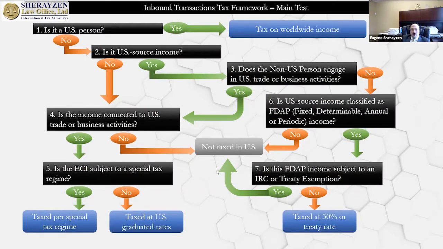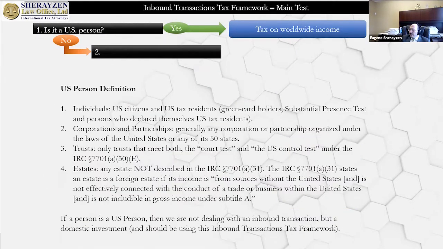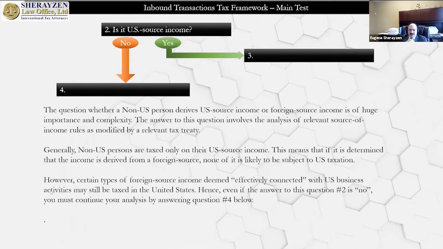All right. Once we establish that this is a non-US person, the next question is: is this person getting US source income? This is a critical question of huge importance and huge complexity.